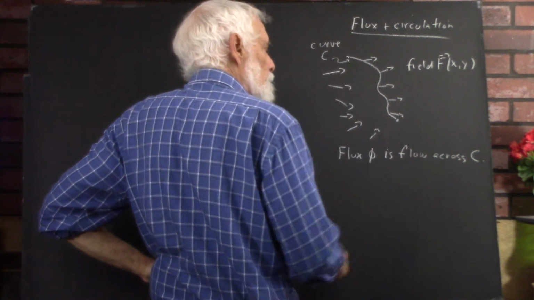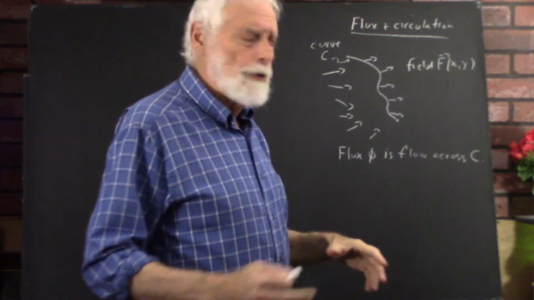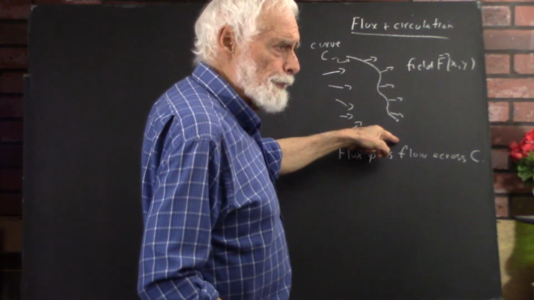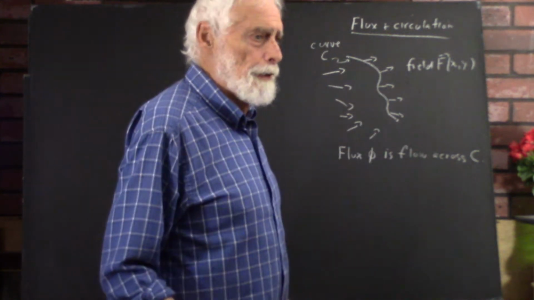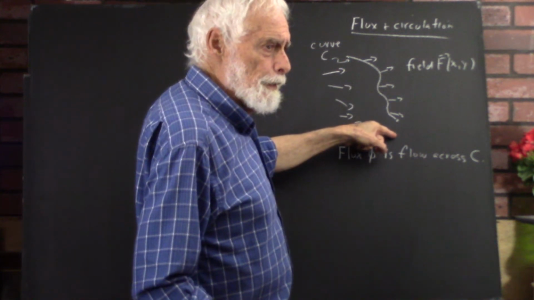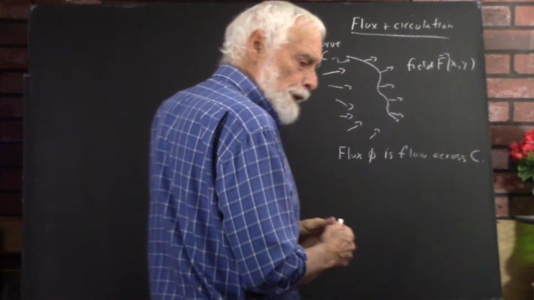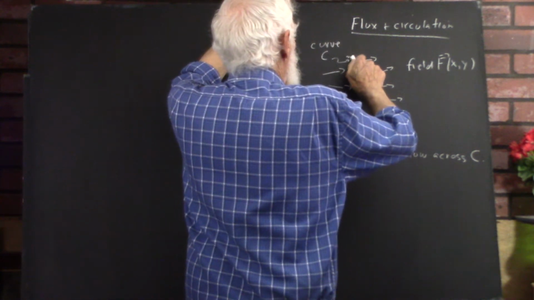Now what do we mean by the flow across the curve? Well, let's take a small segment of the curve. And you know that if you could parameterize this curve with a parameter t, for example, you could then partition the t interval and get little segments of the curve. So let's just say we've done this.